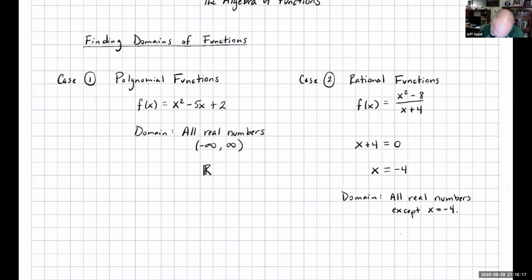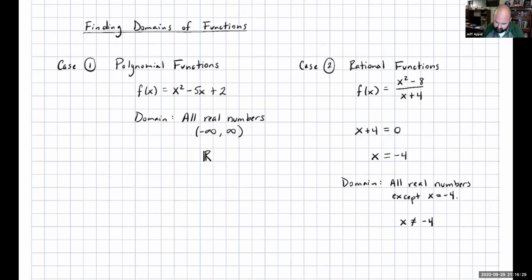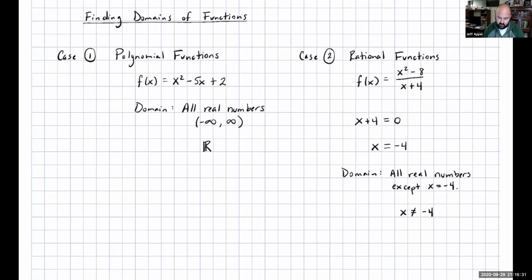How else could you say it? You could say x is not equal to -4. That's probably the most convenient way. That's the quickest way to do it. And then you could do it this way. You could use the interval notation, but the interval notation is going to look a little weird here. How do we write interval notation to show everything but one single value?